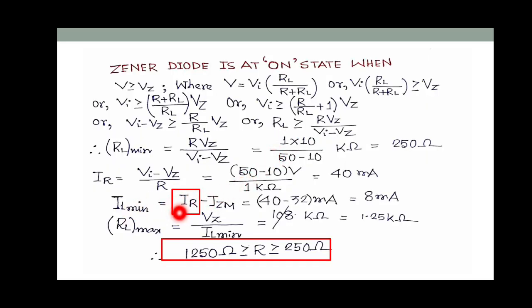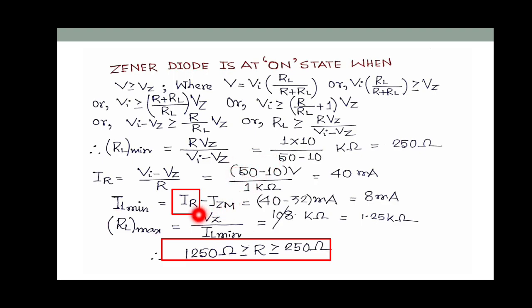So IL minimum equals IR minus Iz maximum, that is equal to 8 milliampere. Now Vz is constant definitely, and Vz equals IL into RL. So when IL is minimum, RL is maximum.